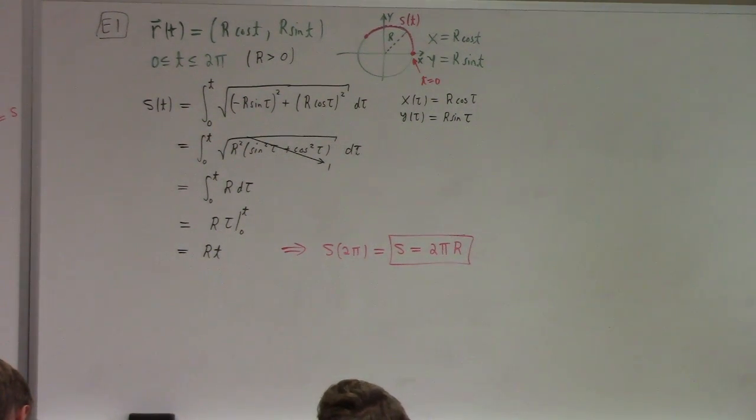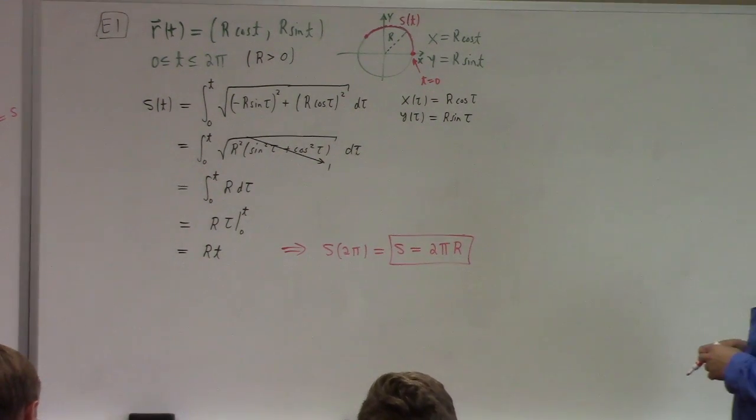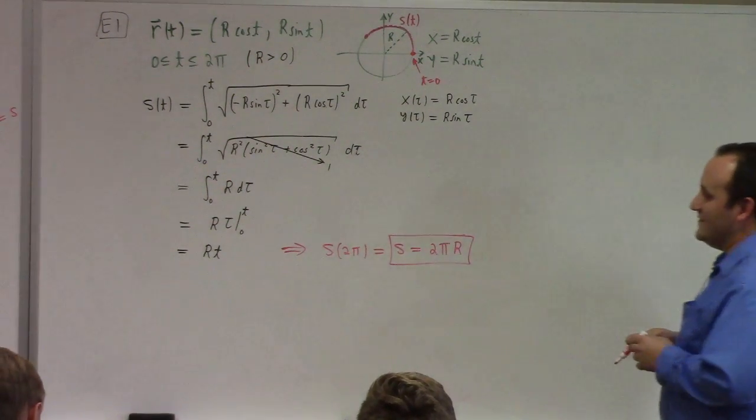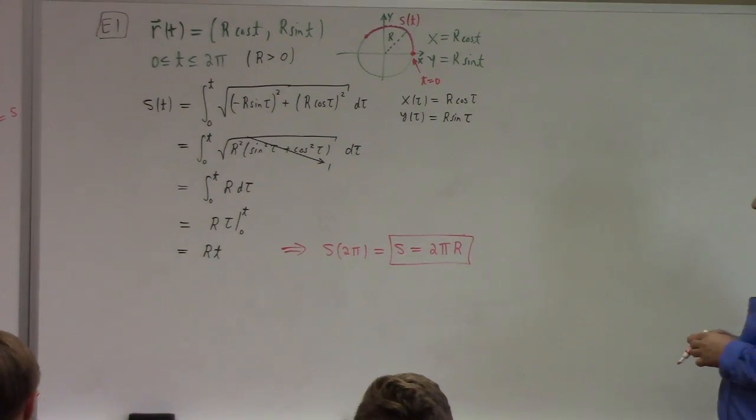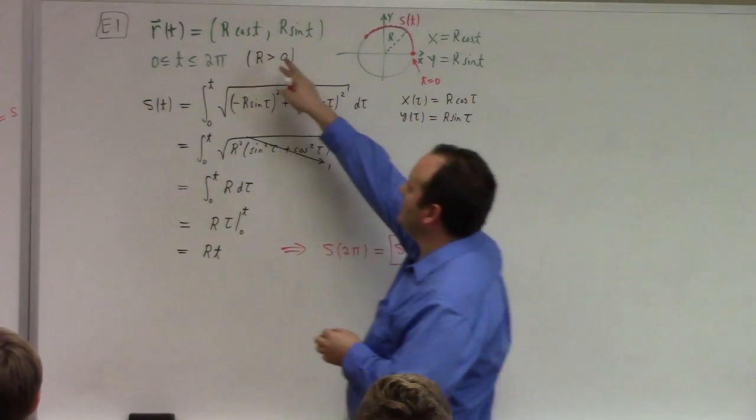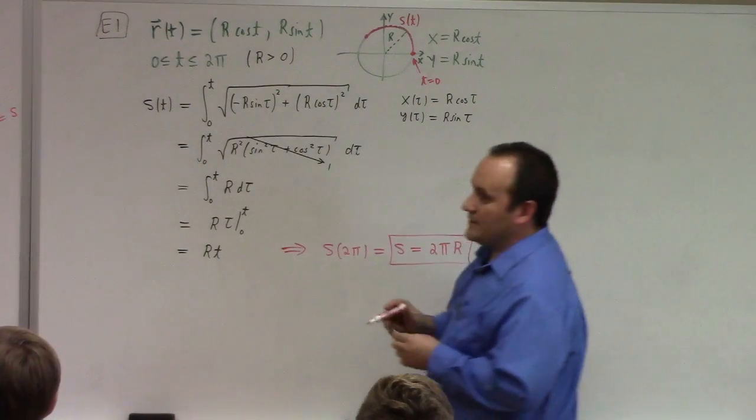But since t is the standard angle, we also have a derivation that the arc length subtended by t radians is just r times t. That's not particularly surprising, is it? What's the relation between arc length subtended and radians? S equals r theta. Here theta is equal to t in this parameterization. That's the geometric meaning of t. T you could identify as being theta.